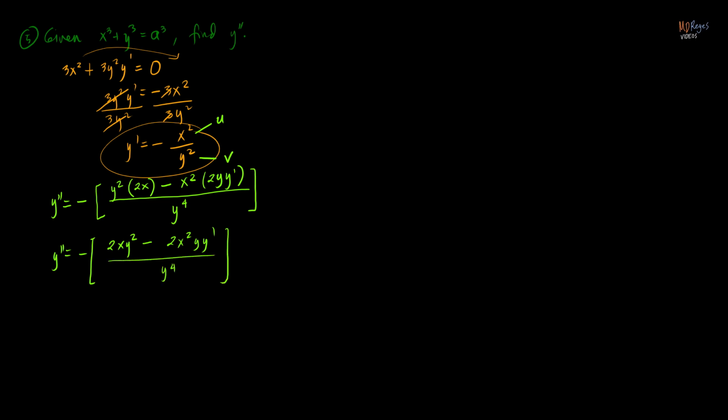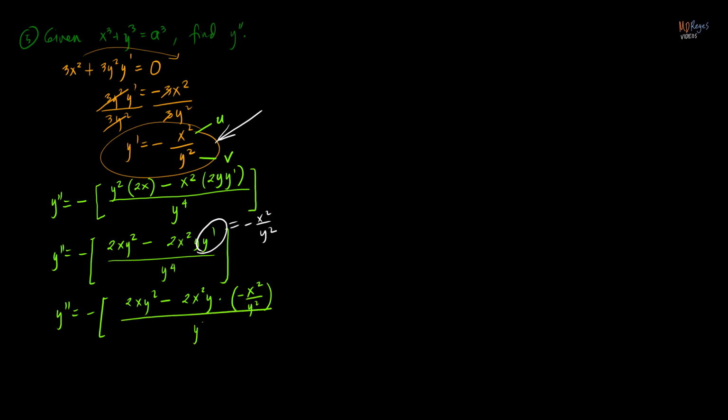Now for this expression, we'll write negative x squared over y squared because of this. So we'll have y double prime equals the negative of 2xy squared minus 2x squared y times y prime, which is equal to negative x squared over y squared, all over y to the fourth.